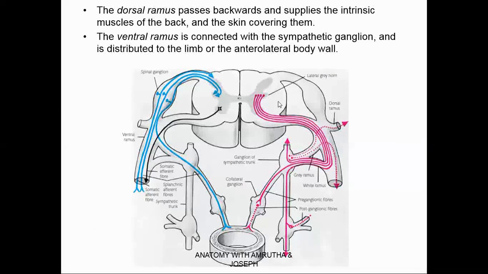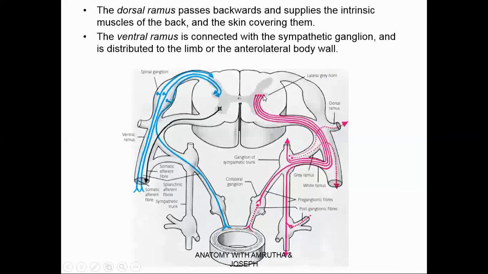Now let's talk about the sympathetic system. The preganglionic fibers, or the white rami communicantes, are coming from the lateral gray horn. They are connected to the sympathetic ganglia. This connection, the white rami communicantes, is seen only in the thoracic and lumbar region. In other words, the lateral gray horn related to the sympathetic system is seen only in the thoracic and lumbar regions. In other areas, no sympathetic neurons are seen.